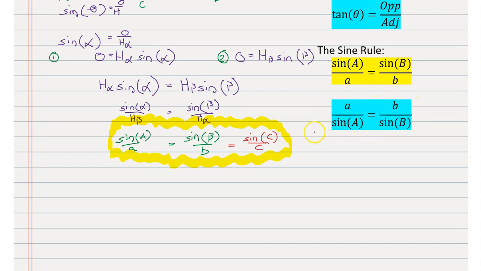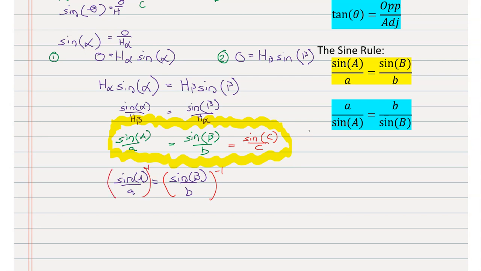Now some of you may be asking, how do you get to the same form in the color of teal? Well, by simply inverting or taking the reciprocal of both sides. So if we've got, say, sine A over a equals sine B over b, if we want, we could simply raise both sides to the power of -1.